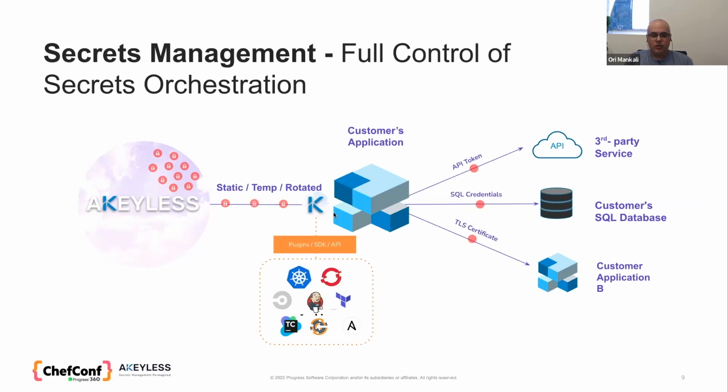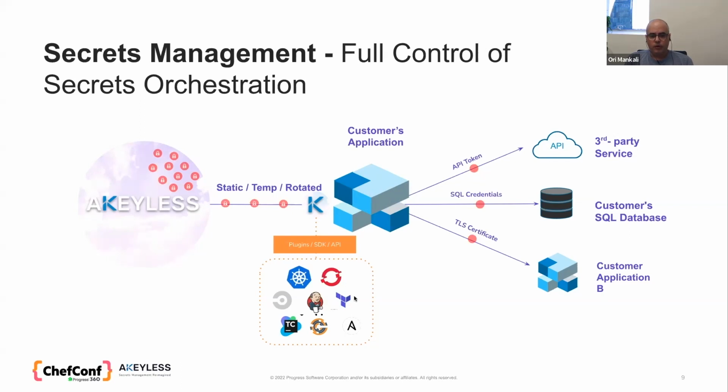So this application, in turn, will be able to decrypt it using a key that this application is the only one authorized to use. And then this value is decrypted at the application level, and then can be used to perform the interaction with the third-party service, the database, or the other application. Important to stress that this value is not stored locally, not on the file system, not in an environment variable, but at the application level.